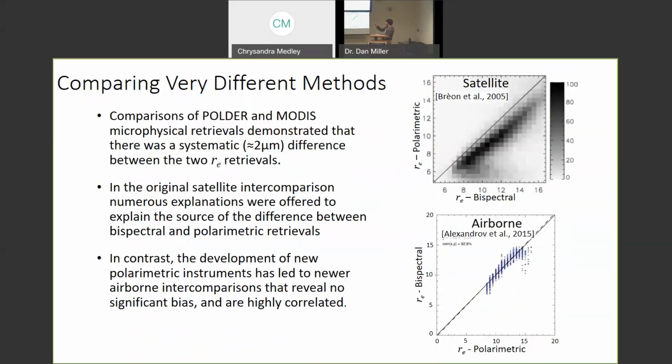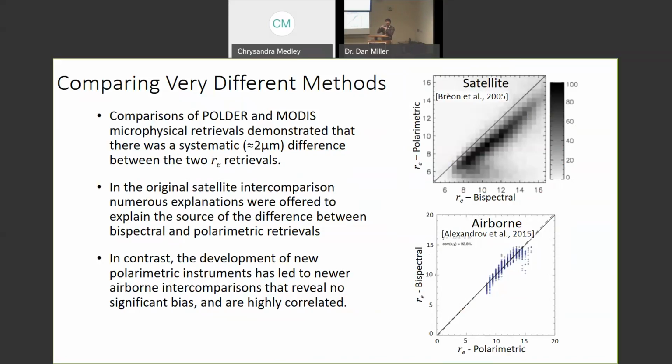But there was a study, Brayon et al. In 2005, they compared the two and showed that the MODIS-like bispectral retrieval was getting retrievals that were larger by 2 micrometers on average everywhere over the ocean than the polarimetric retrieval. And this was surprising because the predominant theory going into that study was that polarimetric reflectances are mostly single scattering.